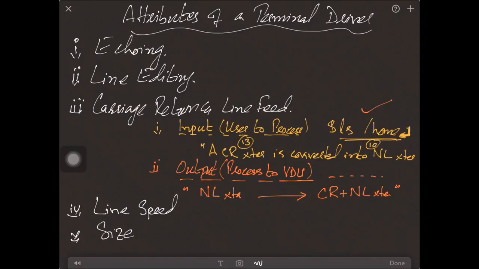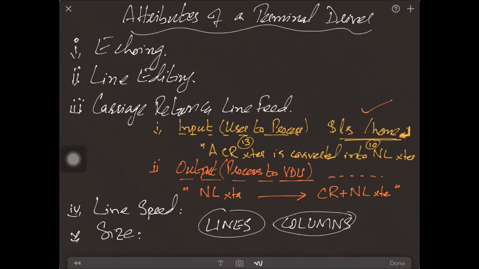And finally is the size. The size attribute of a TTY driver basically manages the number of lines and columns that are displayed on the VDU, and you can access the values of the size by the environment variables LINES and COLUMNS. These two environment variables contain the current number of lines and the number of columns being displayed on your VDU.